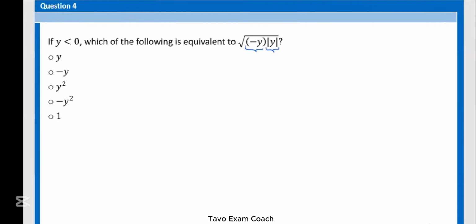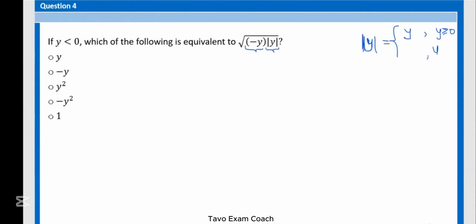Okay, let's remember the definition. When the absolute value of y is evaluated, it depends on the sign of this expression y. What happens when the expression is positive or 0? Then the absolute value is defined as the same number.